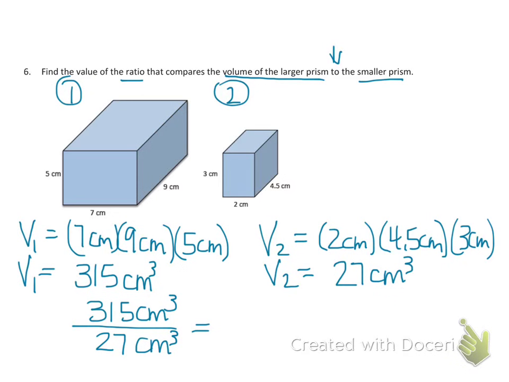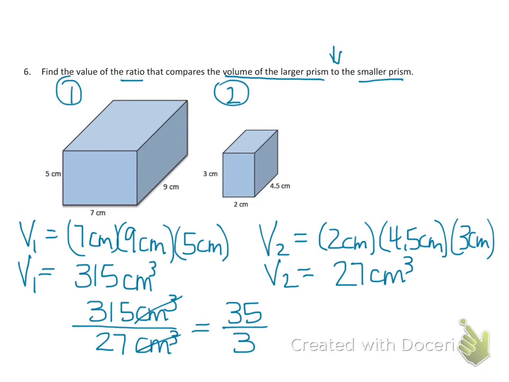And that ratio, I can see these both have a factor of 9 in them. And so I get 35 to 3. Notice that the units drop out in the ratio. So the ratio is unitless. It's 35 to 3.